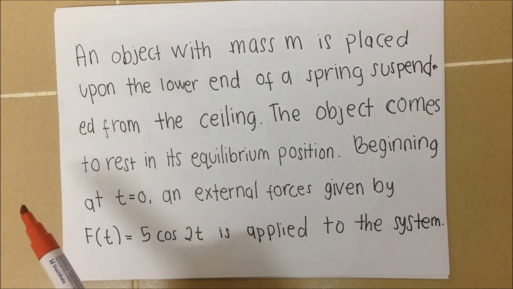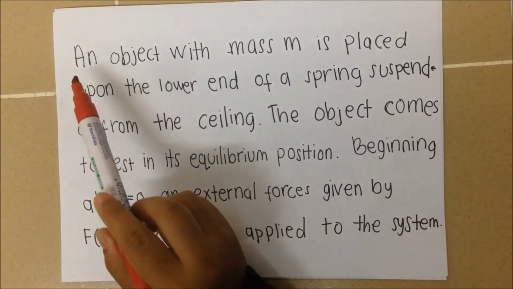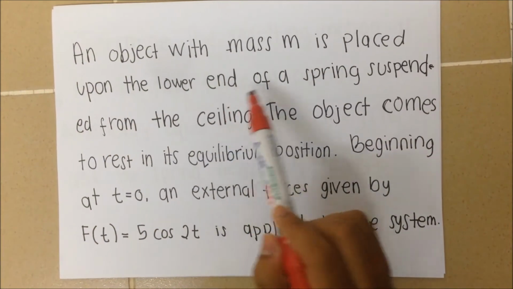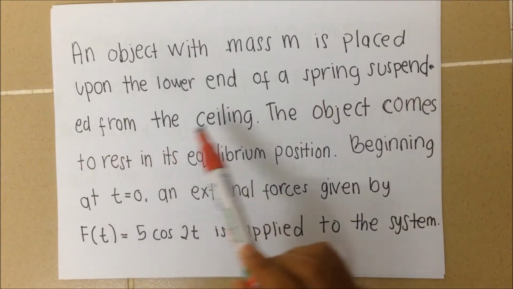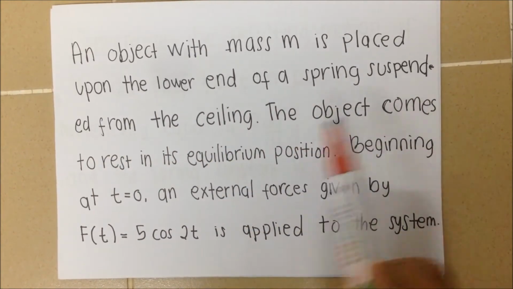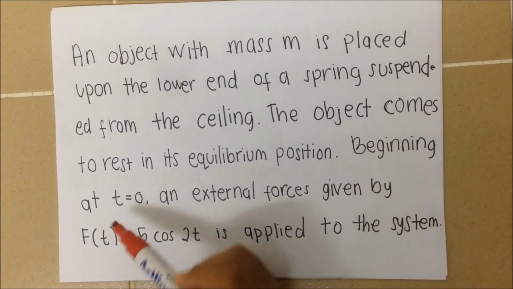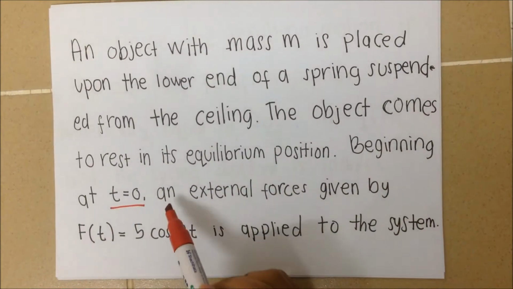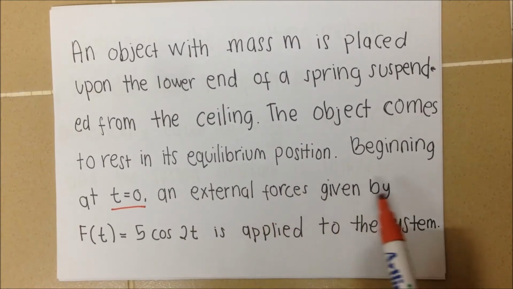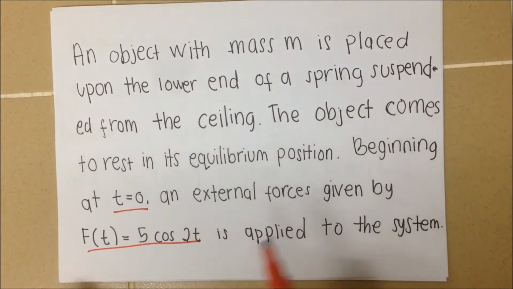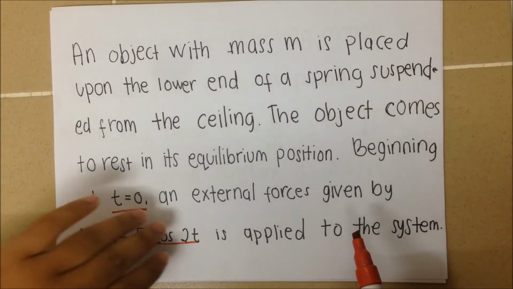This is an example of forced oscillation. An object with mass m is placed upon the lower end of a spring suspended from the ceiling. The object comes to rest in its equilibrium position. Beginning at t equal to 0, an external force given by F(t) equal to 5 cos 2t is applied to the system.